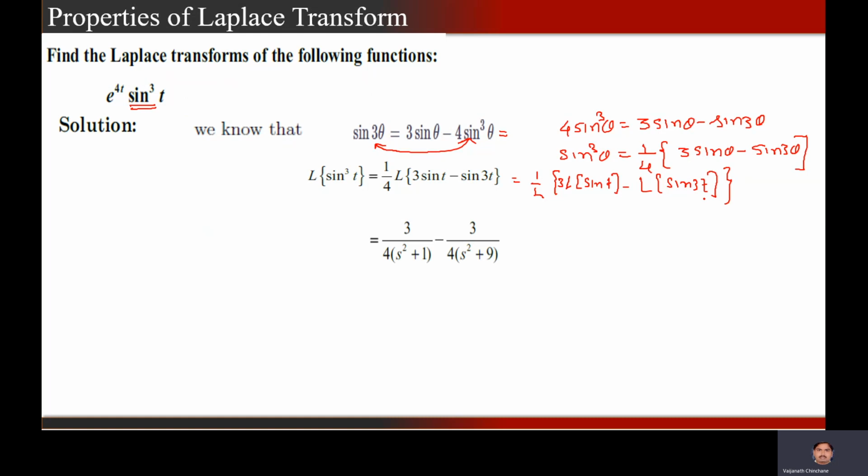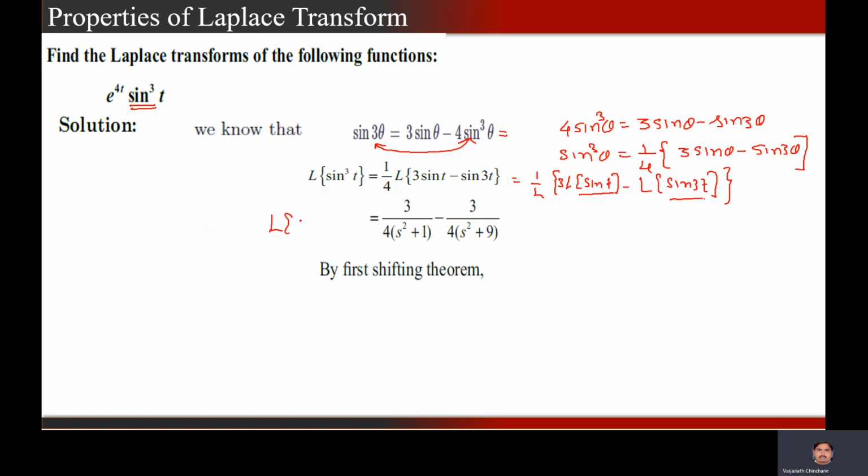And that is 3 by 4 into 1 upon s square plus 1 minus 3 by 4 into 3 upon s square plus 9, because Laplace of sine t is 1 upon s square plus 1 and Laplace of sine 3t is 3 upon s square plus 9. And this is the F of s of L of sine cube t.